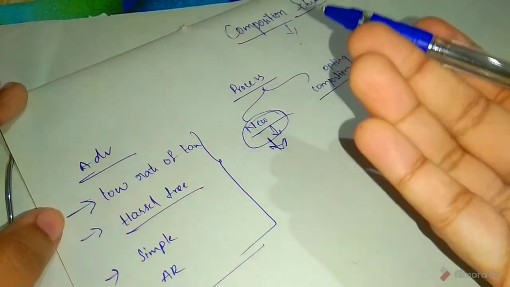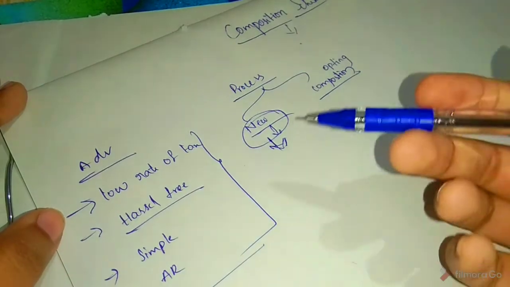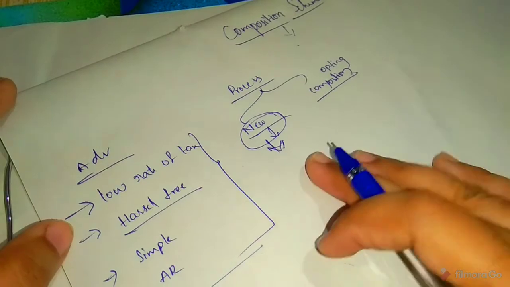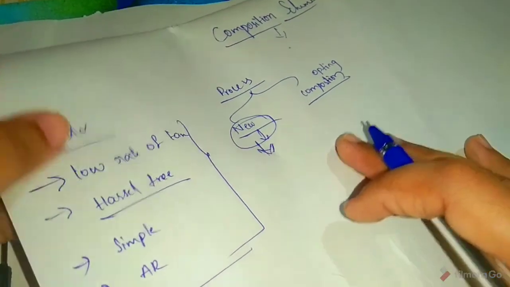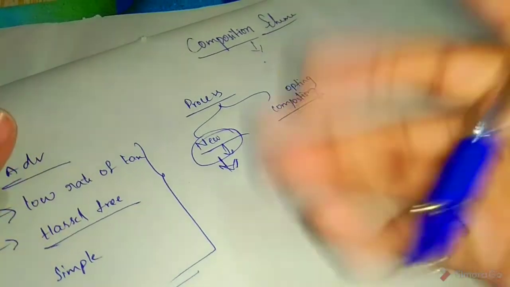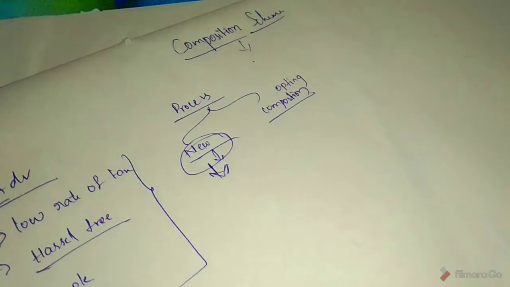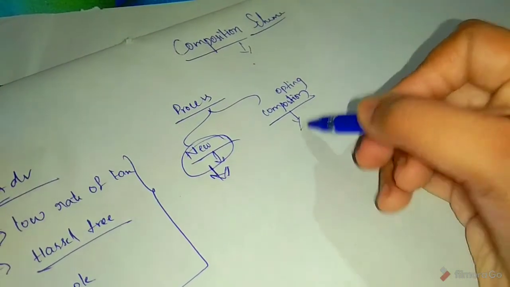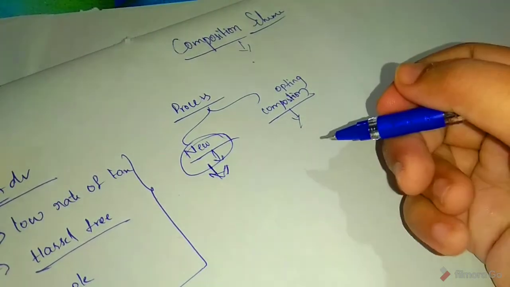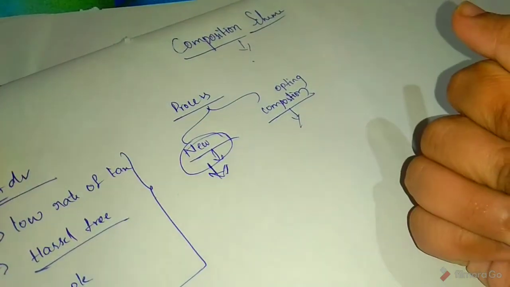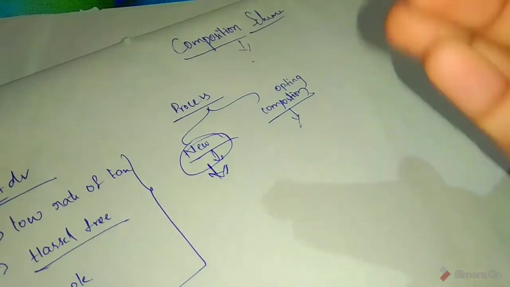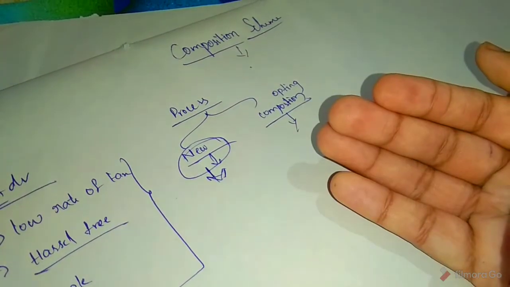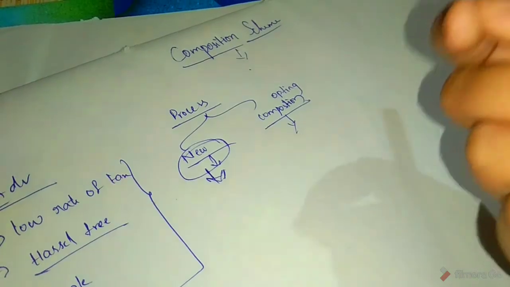Okay? And next, registered person opting for composition scheme. In this, intimation in prescribed form at the beginning of the financial year, the effective date of registration is from the intimation in prescribed form.